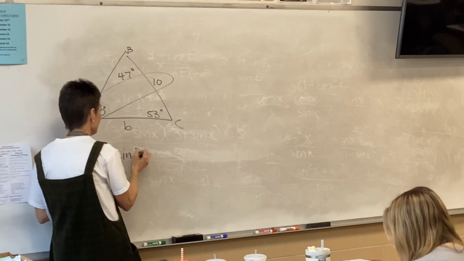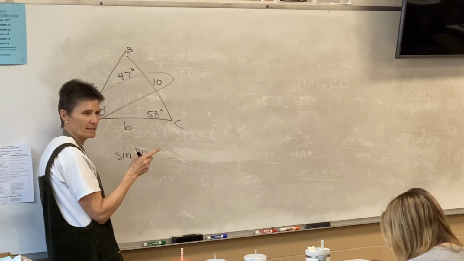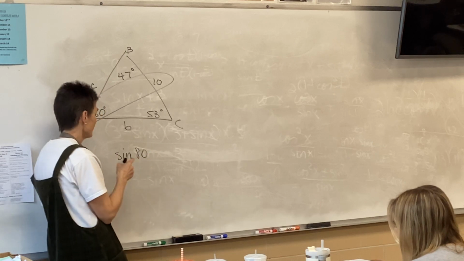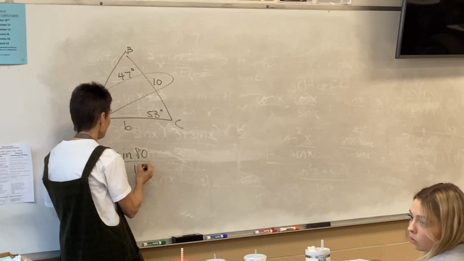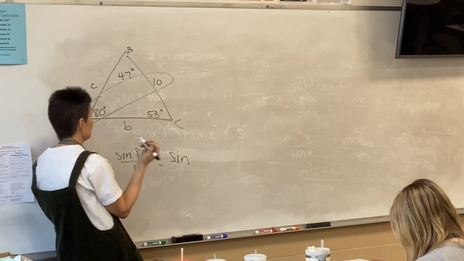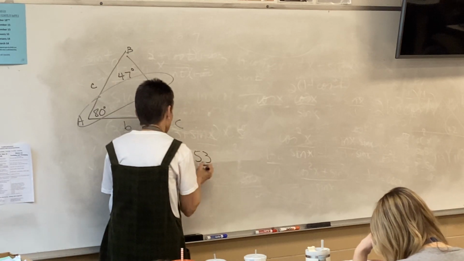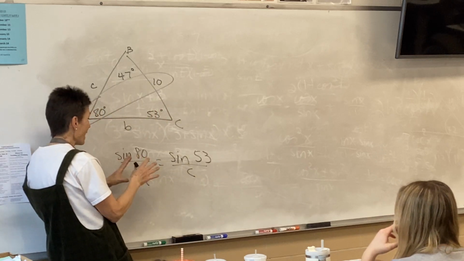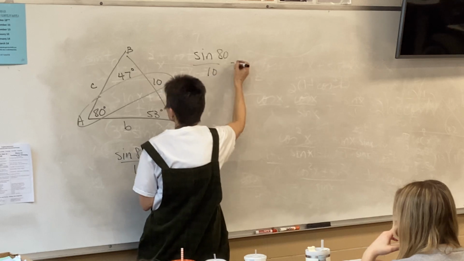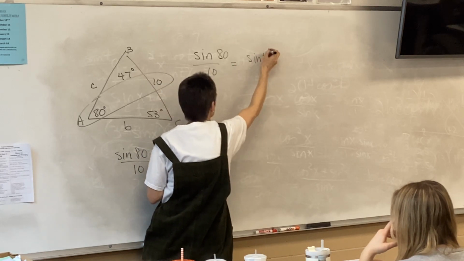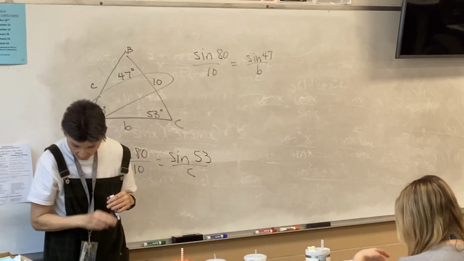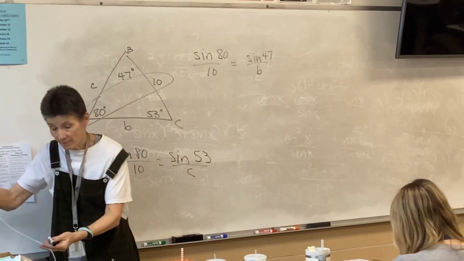Sine 80 over 10 equals sine 53 over C. Kids, it doesn't matter, because you're also going to have to do sine 80 over 10 equals sine 47 over B. You've got to do both of those. Are we clear on that?